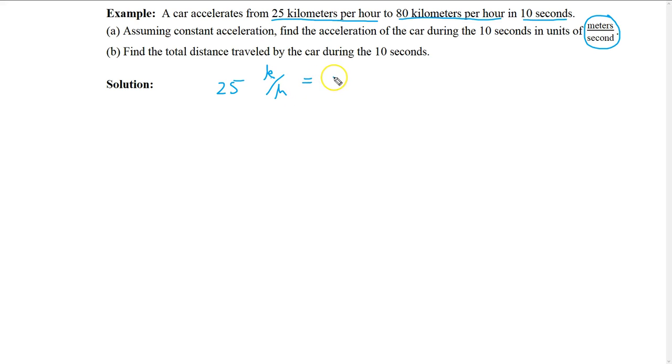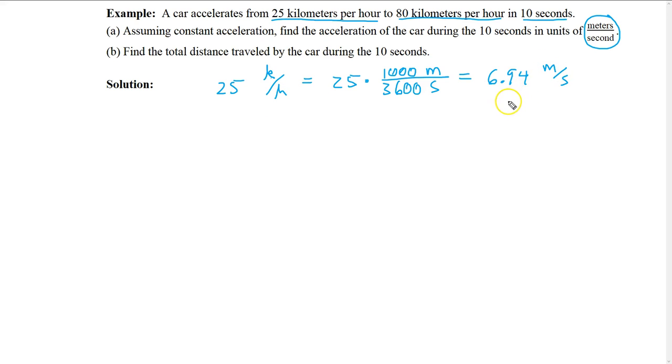that's going to be 25. 1 kilometer is 1,000 meters, so replace the word kilometer with 1,000 meters. And 1 hour is 3,600 seconds. And if you evaluate that, that's approximately 6.94 meters per second.